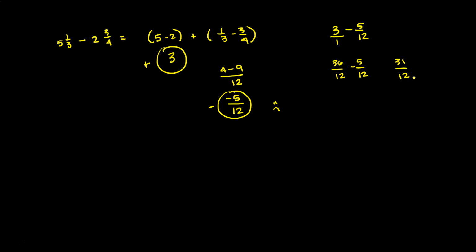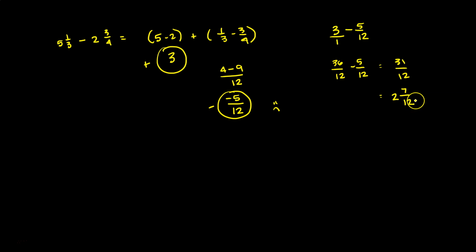That's 31 over 12. And since we started off in mixed numbers, we should probably write our answer in mixed numbers. I know 12 can go into 31 twice, because 12 times 2 is 24. If I take that 24 out of the 31, I would have 7 pieces left over. So the mixed number would be 2 and 7/12.